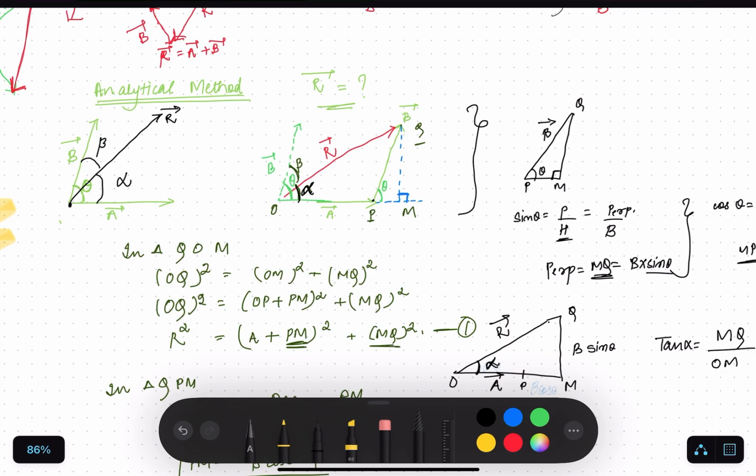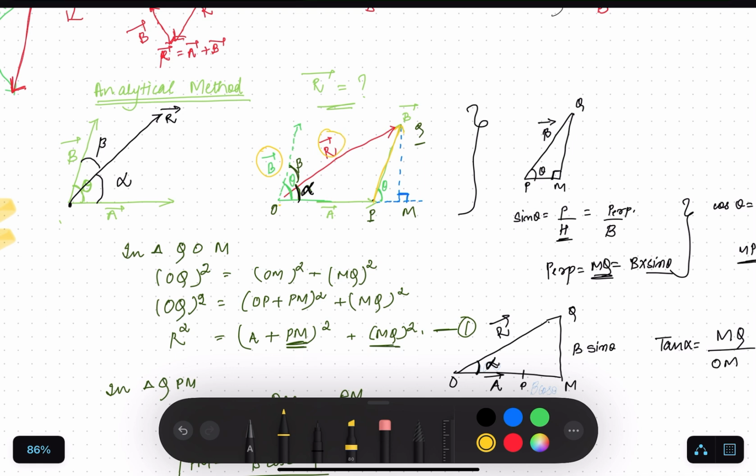So what I did here is I shifted this B vector from this position horizontally towards the right, and I bring it over here. Okay, exactly what we were doing, tail to head, tail to head. From tail to head is the resultant vector. This is my resultant vector.